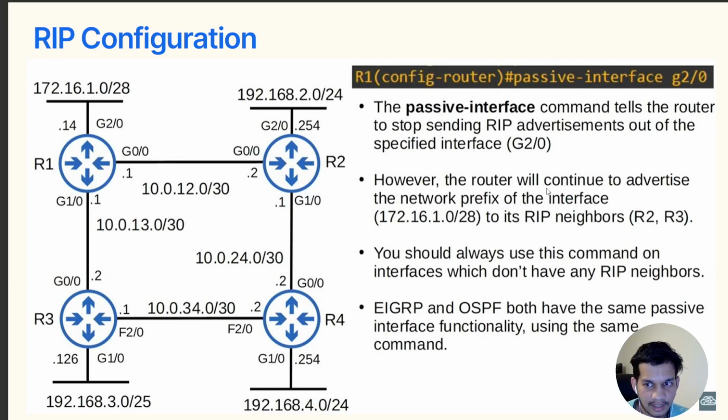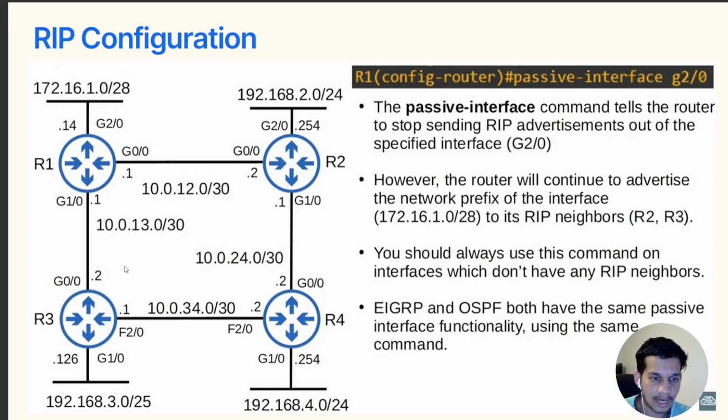However, the router will continue to advertise the network prefix of the interface, that is the 172.16.1.0/28 network, to its RIP neighbors. So there is no need to advertise 10.0.13.0 and 10.0.12.0 on this network. If we configure passive interface over here, the router will stop advertising on this network, but it will tell R2 and R3 about this network.